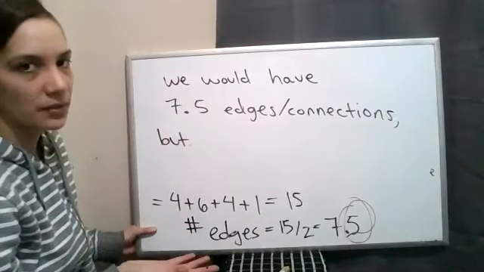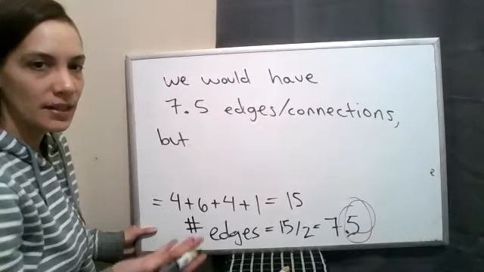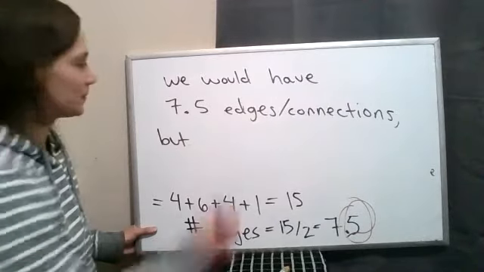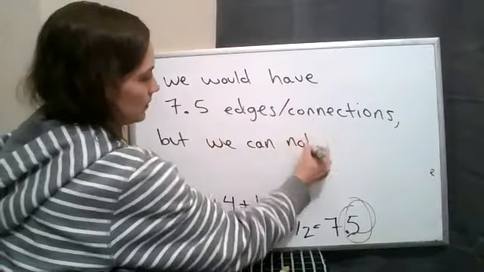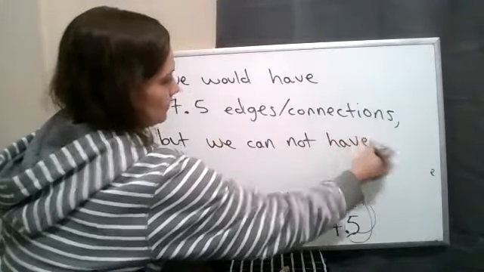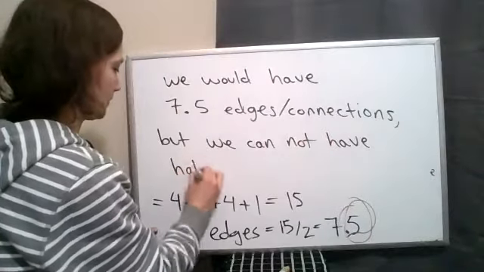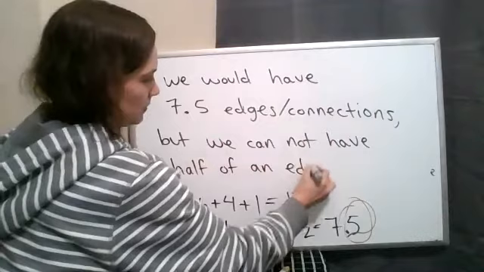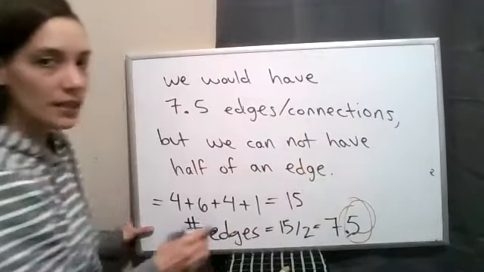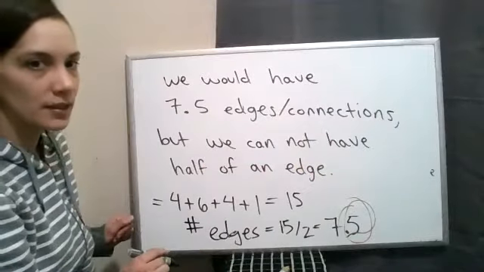You can't have half a handshake or half of a connection. It's either a full connection or no connection.